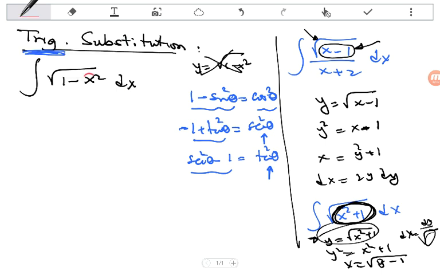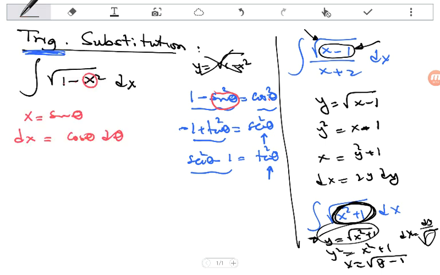The idea here is that I put x to be sine theta, so that 1 minus sine squared will be cosine squared, and under the root it will be one term, so it will be simplified. So we have here 1 minus x squared. I will take x to be sine theta. Then to make the substitution, I put dx equal to cosine theta d theta.